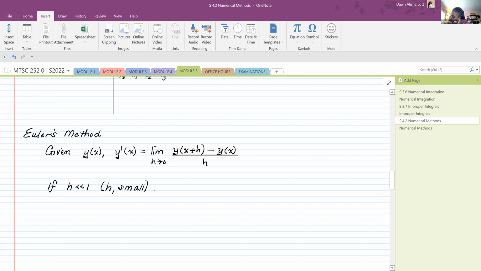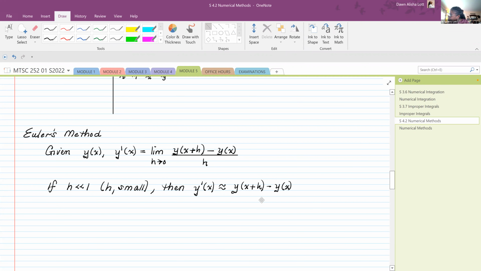Then we can get rid of the limit and say y prime of x is approximately y of x plus h minus y of x all over h. So let's multiply. We get y prime of x times h is approximately y of x plus h minus y of x.